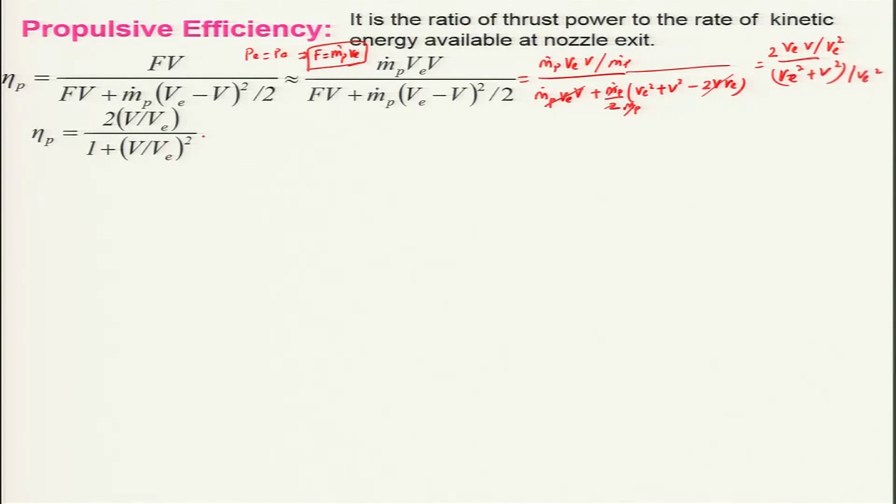So this is basically an approximation, but it shows that the propulsive efficiency is a function of the ratio of flight velocity to exit velocity.